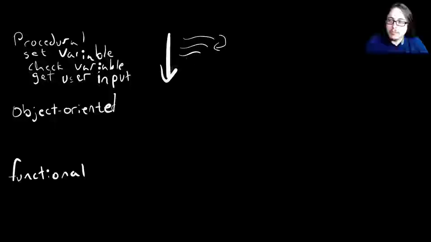But if you're doing it procedurally, that means you're not using objects. So it just becomes like a huge mess. You're copying things, and when you change things in one place, you might forget to change it in another place that you copied it to.